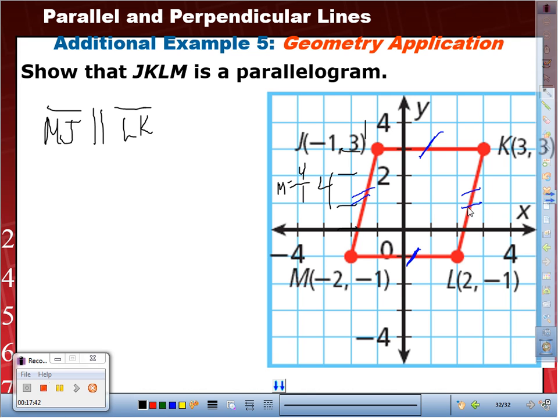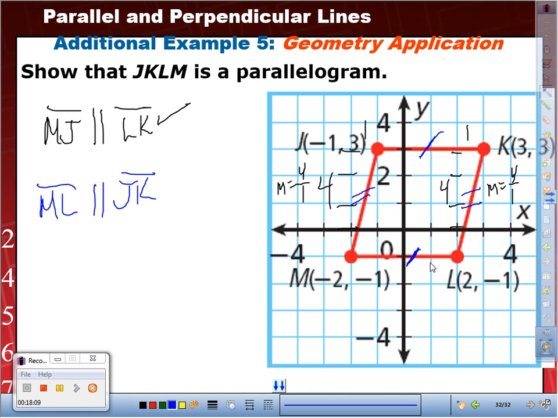So let's see if the slope is the same for this one. 1, 2, 3, 4. How many to the right? 1. So my slope is 4/1. Therefore, these are parallel. Are we there so far? So now I need to check ML to see if it's parallel to JK.